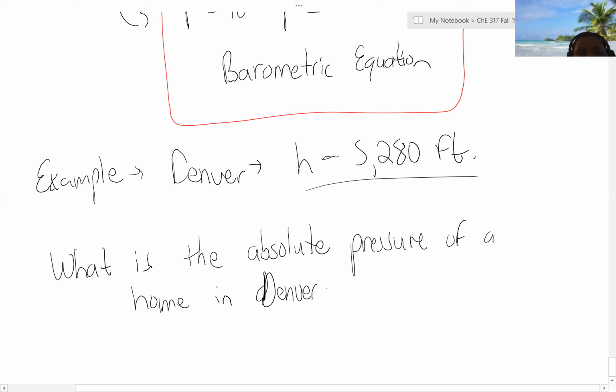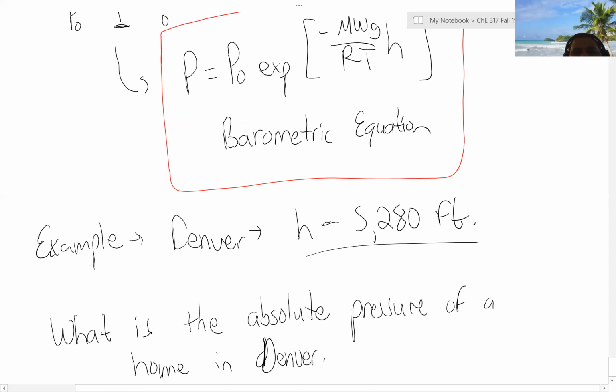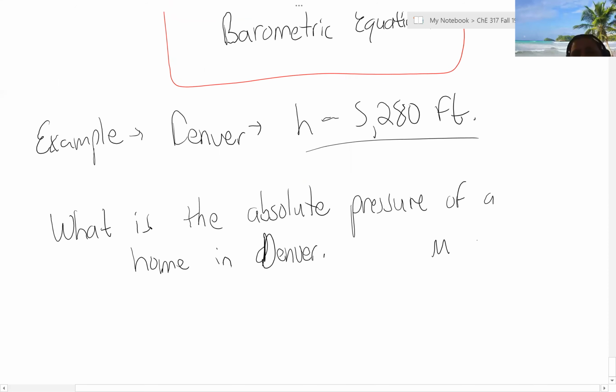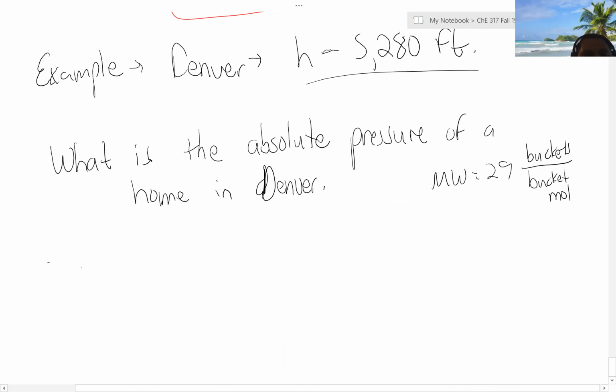Keeping in mind this expression, the molecular weight of air is 29 grams per mole. It really doesn't matter what unit you want to use. The temperature, let's say it's a nice day, 60 degrees Fahrenheit, which I don't know what that is in Celsius off the top of my head.